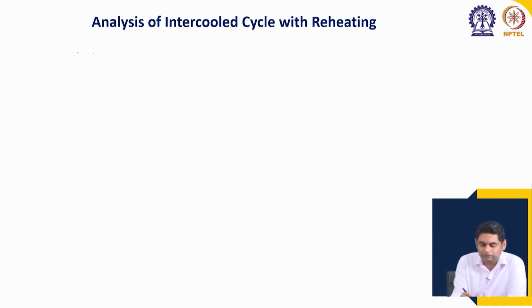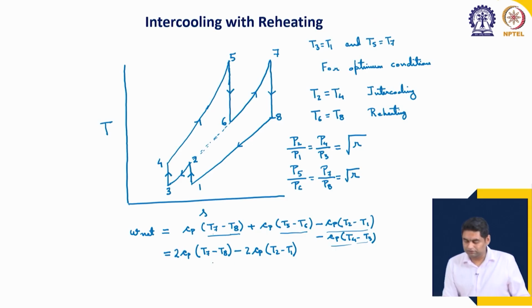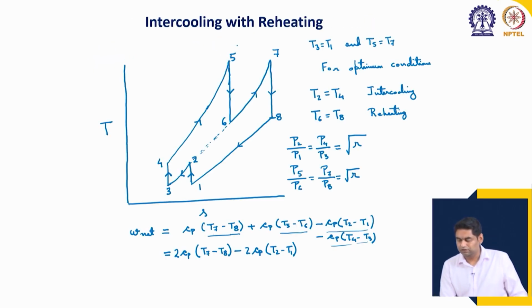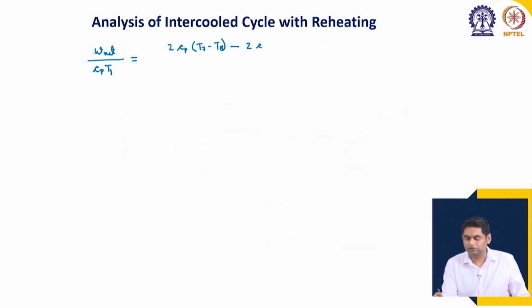So, in non-dimensional form, W net by Cp T1 is equal to, let us go back and see what was the value, 2 Cp T7 minus T8 minus 2 Cp T2 minus T1, divided by Cp T1.